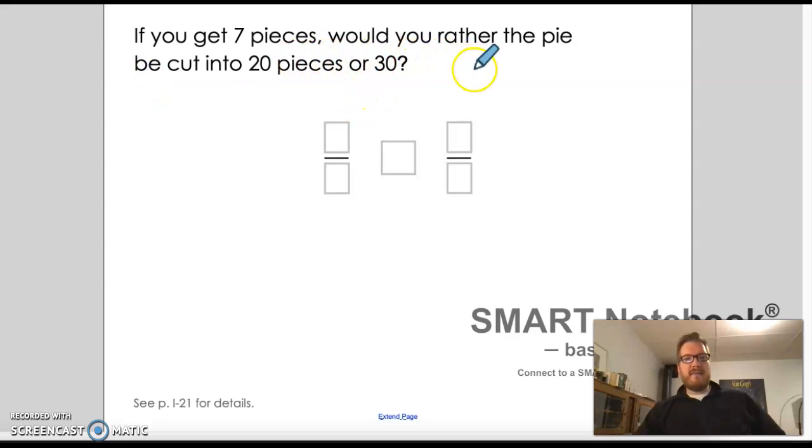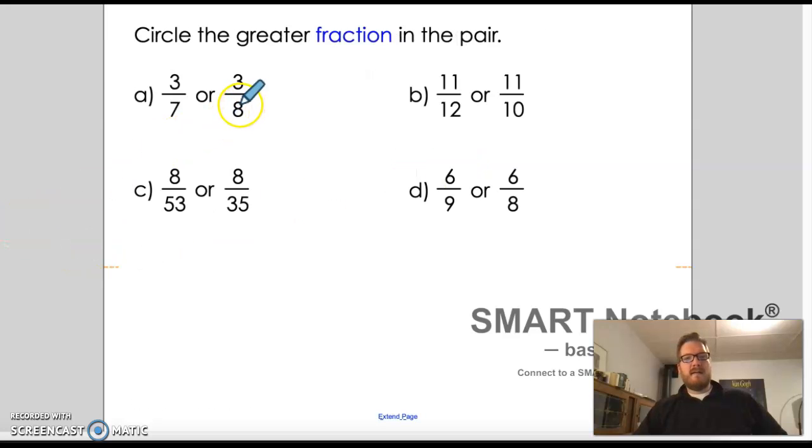Okay, so if you get 7 pieces, would you rather the pie be cut into 20 pieces or 30 pieces? Right? Well, 7 out of 20 pieces versus 7 out of 30 pieces, I'd rather have these ones because these will be larger than these ones. All right, so using that idea, we have to figure out which one is bigger in the pair.